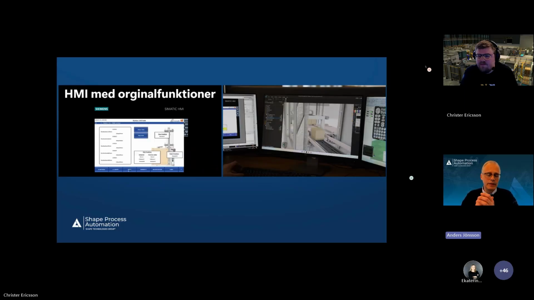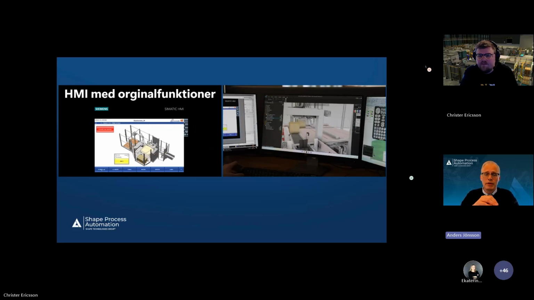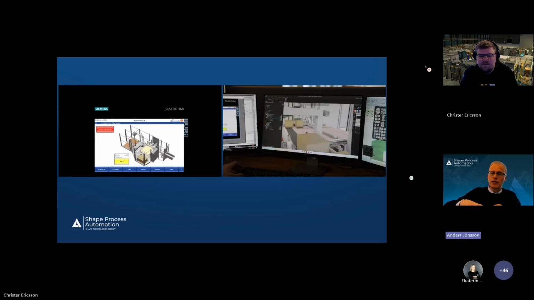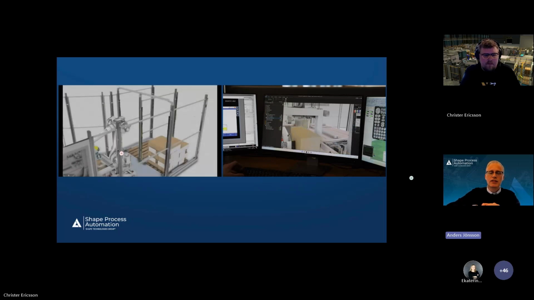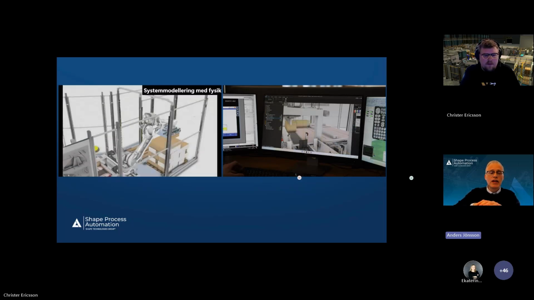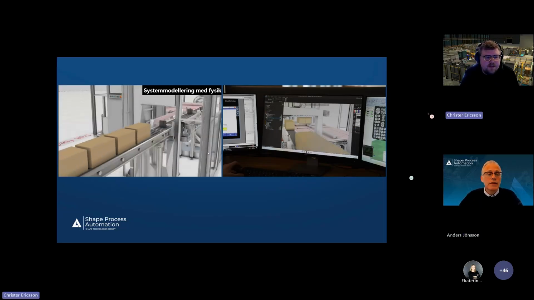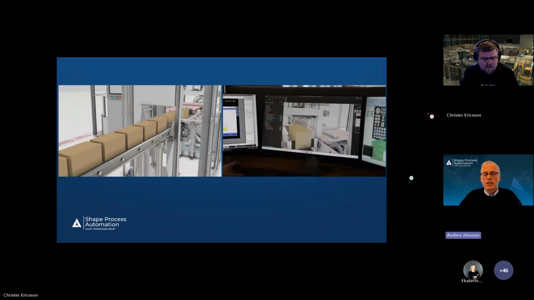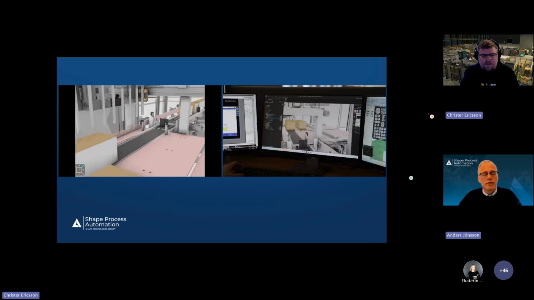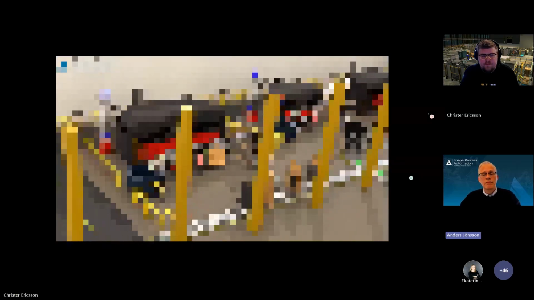Here we just added some light indicators, LEDs, on the model, so the programmer can easily see: am I positioned correctly? Do I activate the correct vacuum zones? Do I get the correct number of boxes in place? So there we see them on the left side. Yeah, I think that will come again soon. And the feedback from the people that use this internally is quite good.